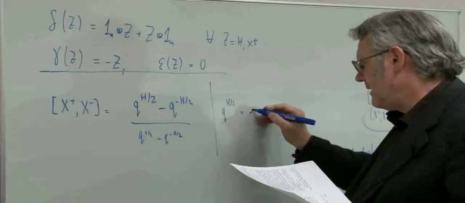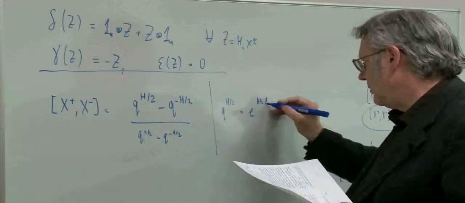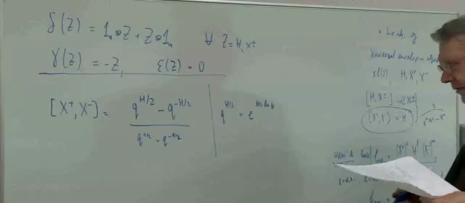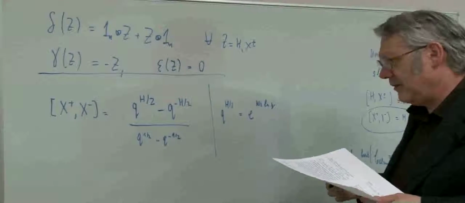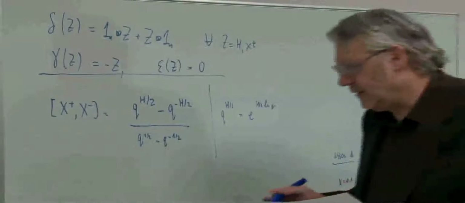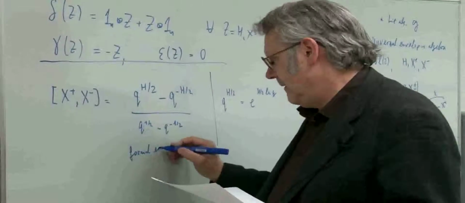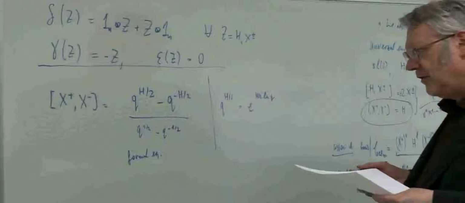It can be written as the exponent of h over 2 times the logarithm of q. Of course, you may say, yes, but this is an exponent of a generator, maybe it is convergent, maybe not. For instance, this is considered as a formal equality, although one would use it also informally.